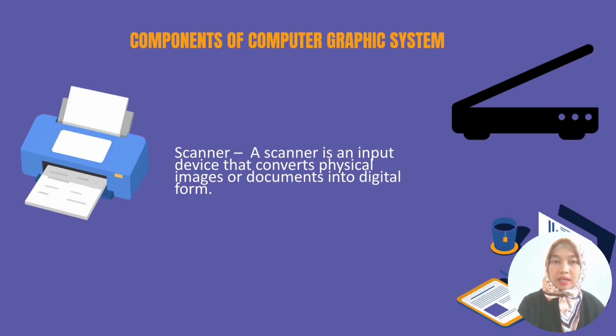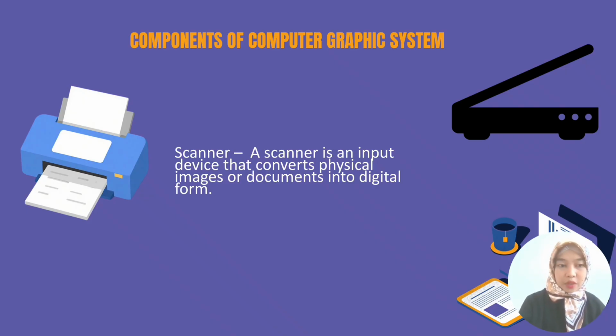The other one is the scanner. A scanner is an input device that converts a physical image, photograph, drawing, or document into a digital format that can be stored, edited, or used in graphic applications.